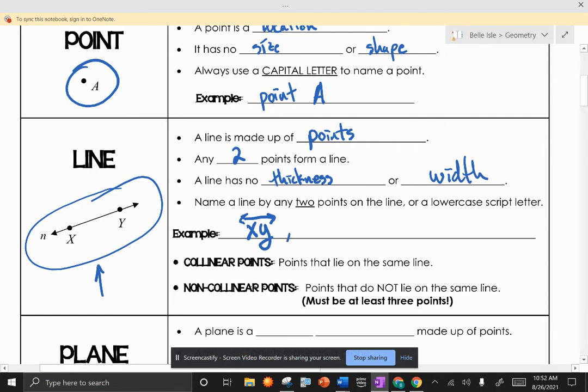Okay, you can also write it as line n, because we've got an N right here, as your subscript. You can also write it or see it written as line XY. All of those are talking about this same line over here.